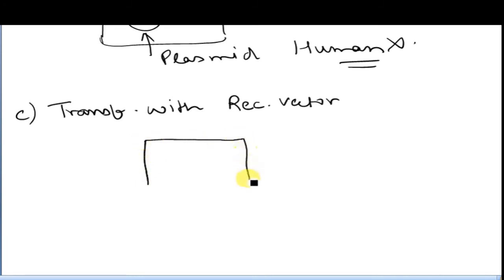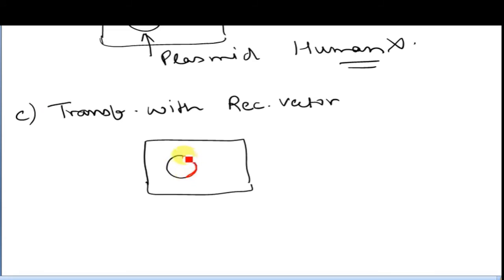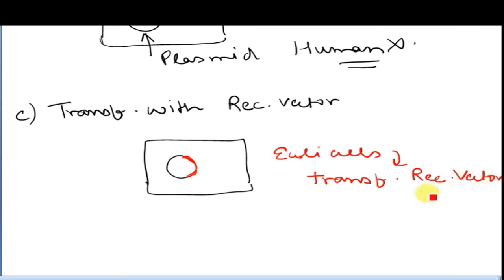This is the E. coli cell, and it has the plasmid as well as the gene of interest that we had put into it. So these E. coli cells have been transformed by recombinant vector, right? So this is what we were aiming for.